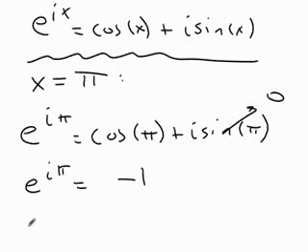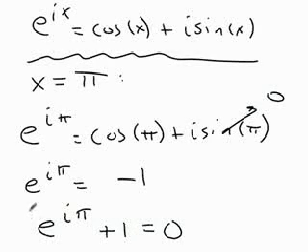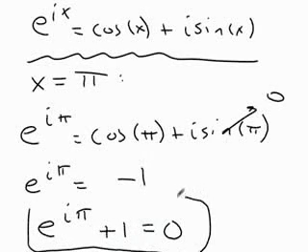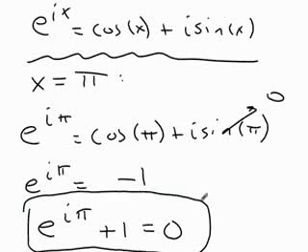Or I could rewrite this formula, e to the i pi plus 1 equals 0. This is one of the coolest formulas in mathematics because it involves the 5 fundamental constants of mathematics, e, i, pi, 1, and 0, and the fundamental operations of mathematics, multiplication, exponentiation, and addition.